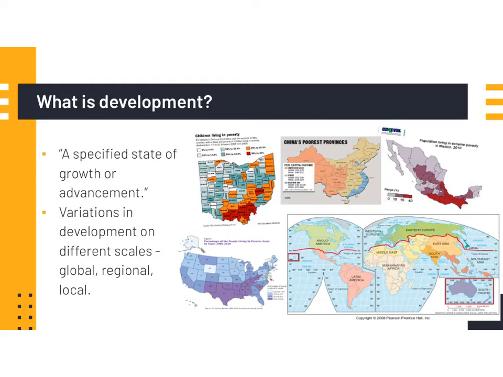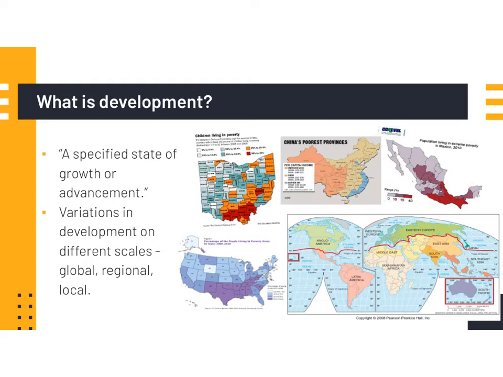So I want you to take a look at the different maps here. These maps show there's a connection between poverty and development. Countries that are very poor are considered less developed, and countries that are very rich are considered more developed.